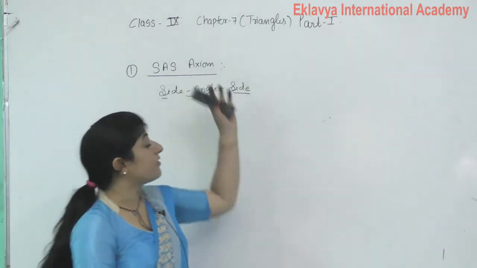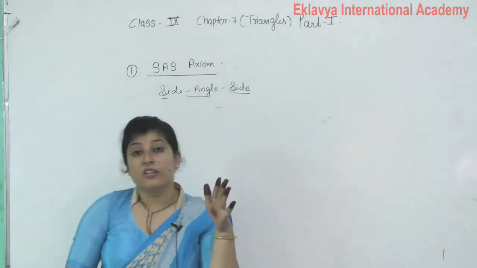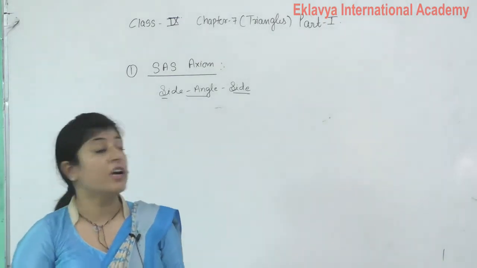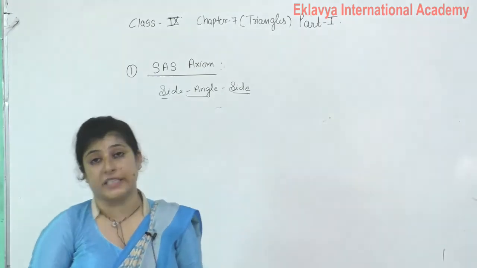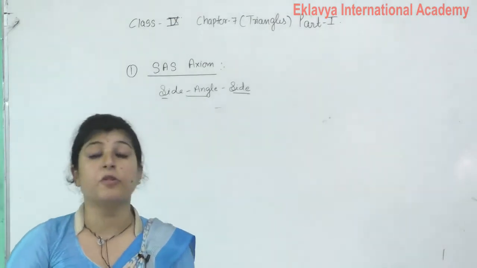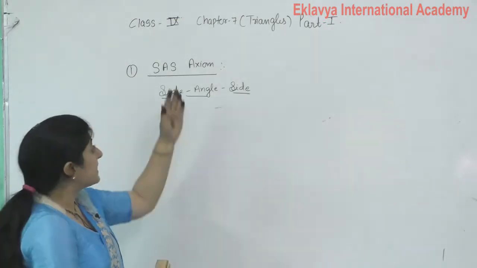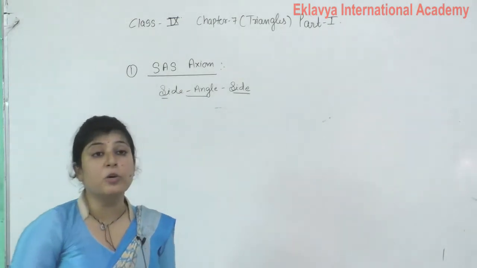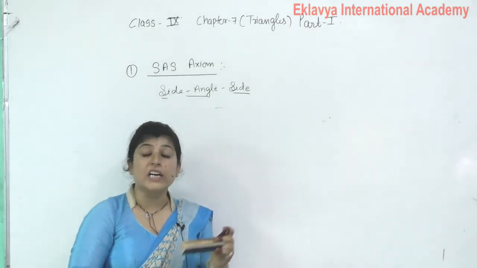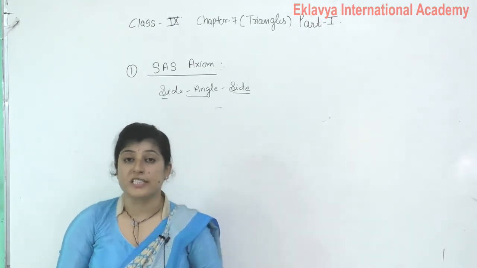Firstly, remember, what is the difference between an axiom and a theorem? An axiom is something we can say is a universal truth, applicable to the whole of mathematics. And for a theorem, we need to prove it using a previously proven statement or another theorem. This is an axiom, it means we can use this statement in proving other theorems of congruency, other rules of congruency.